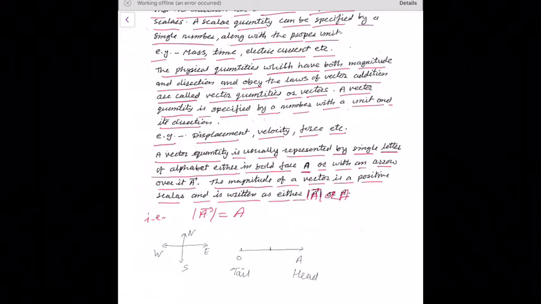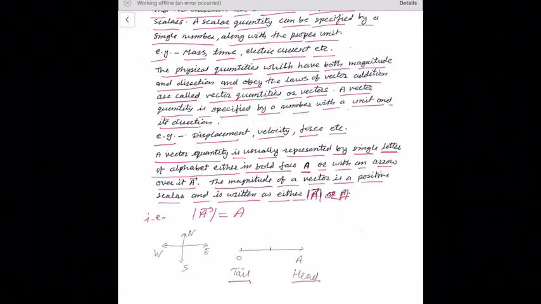The starting point of the arrowed line is called the tail or origin of the vector, and the end of the arrowed line is called the tip or head of the vector.